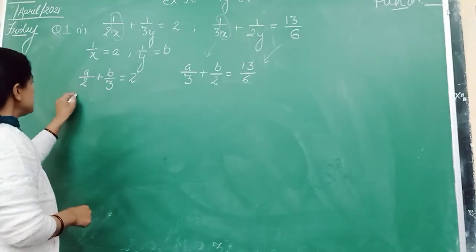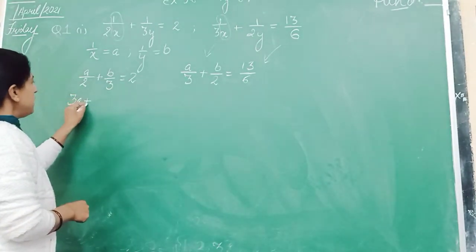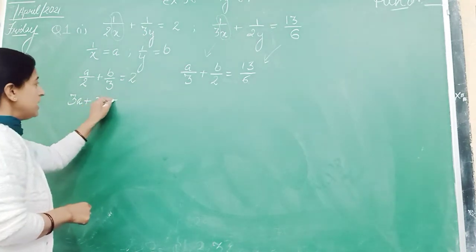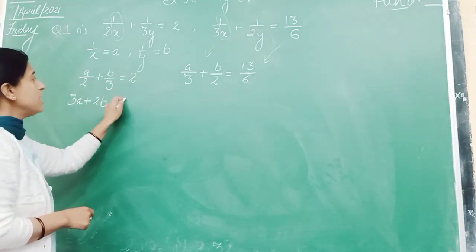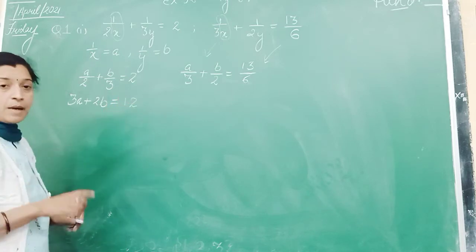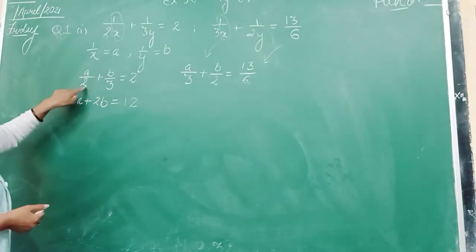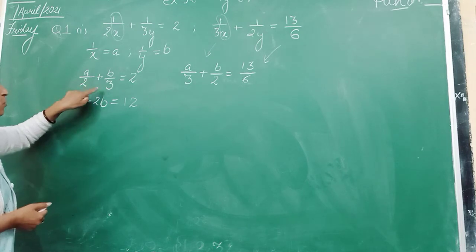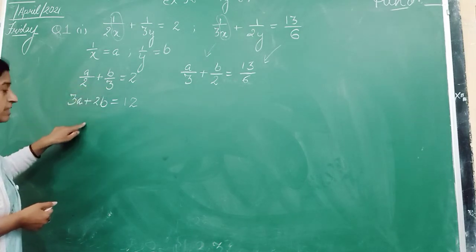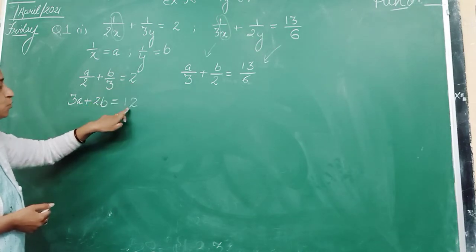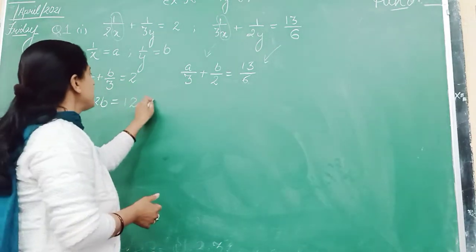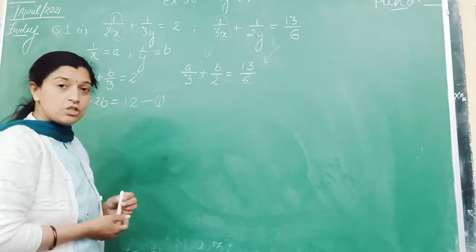So this becomes 3a plus 2b is equal to something upon 6. Out here has been cross multiplied. 2 sixes are 12. I am cutting it short. You understand we have done these type of questions earlier. So 2 and 3 denominator, 6 out here will be cross multiplied. So it will multiply with this 2 to give you 12.